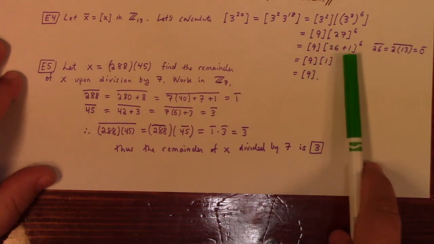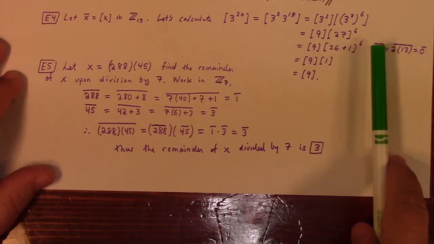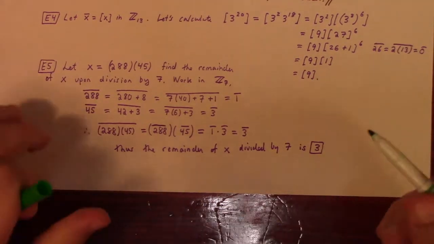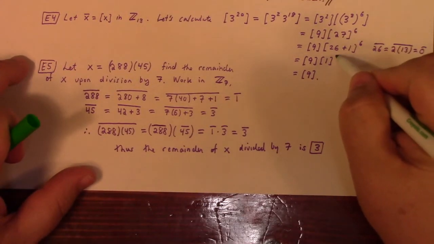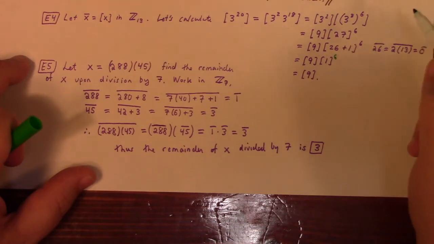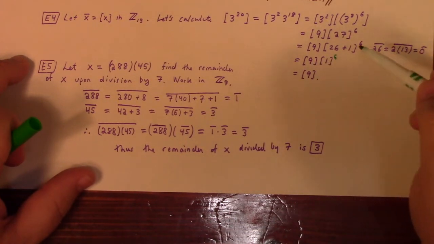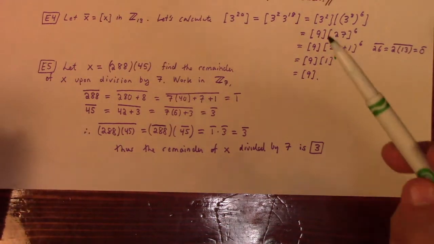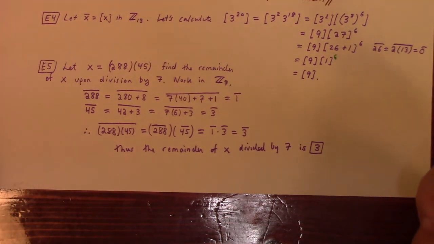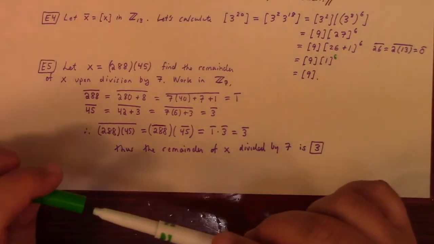So this 26 plus 1 just breaks down to 1, and 1 to the 6th power is just 1 again. So we get 9 times 1, which is just 9, so there you go. 3 to the 20th power, mod 13, is just 9.